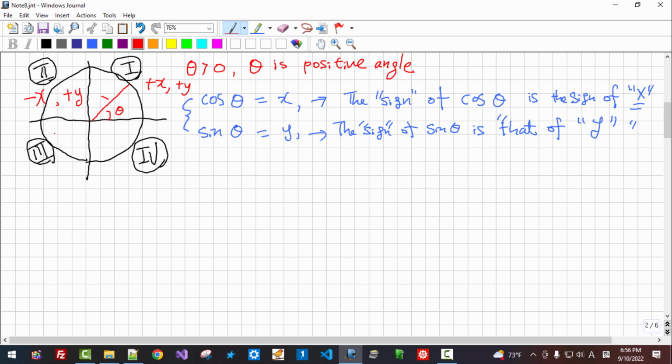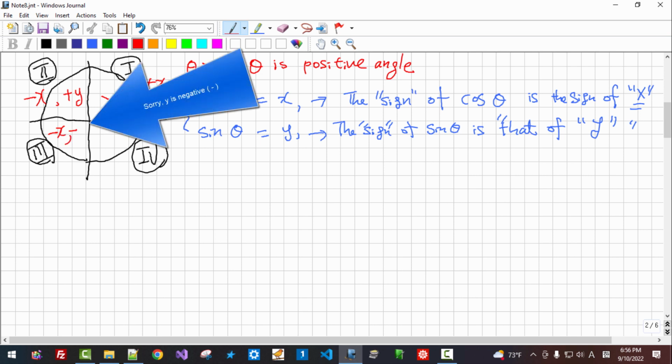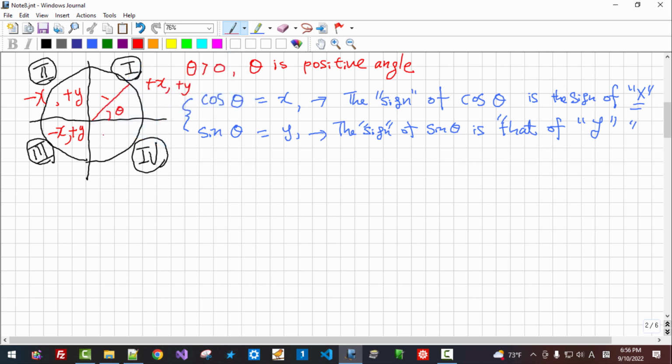In the third quadrant, x is negative, y is negative. In the fourth quadrant, x is positive, y is negative. We all are familiar with these things, so I will delete them.